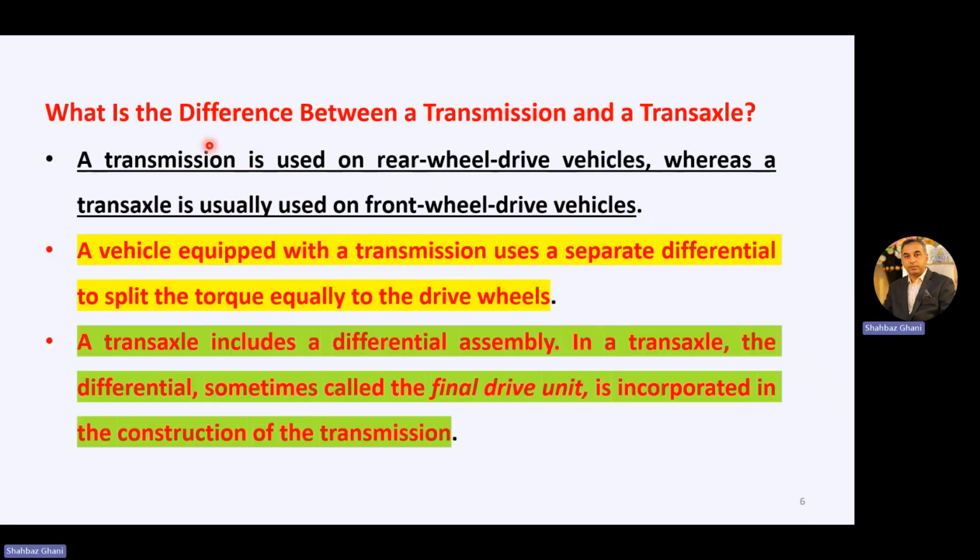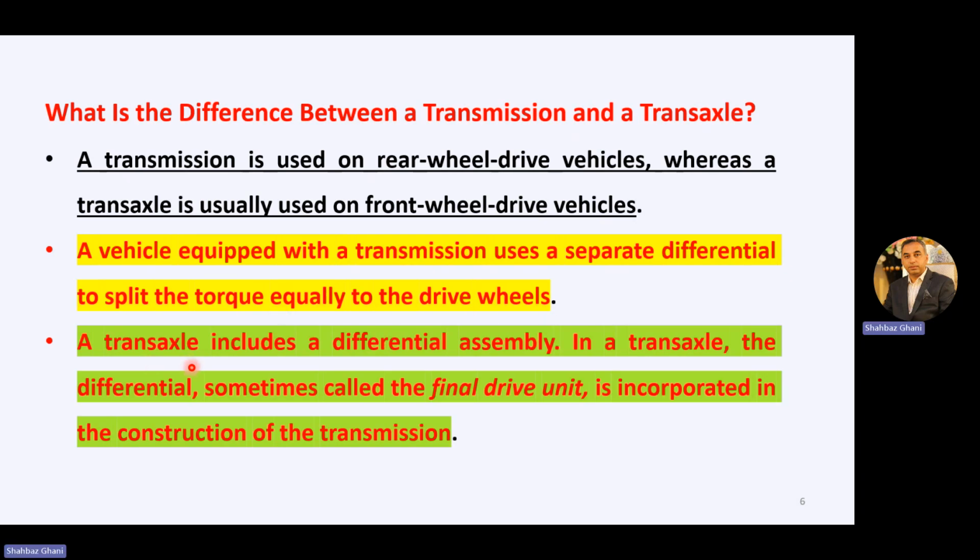Now, what is the difference between a transmission and a transaxle? I have briefly explained. A transmission is used on rear wheel drive vehicles, whereas a transaxle is usually used on front wheel driven vehicles. A vehicle equipped with a transmission uses a separate differential to split the torque equally to the drive wheels.